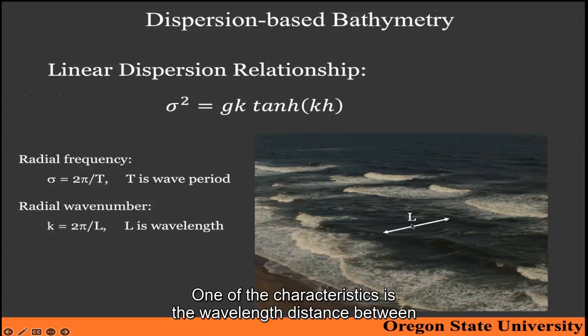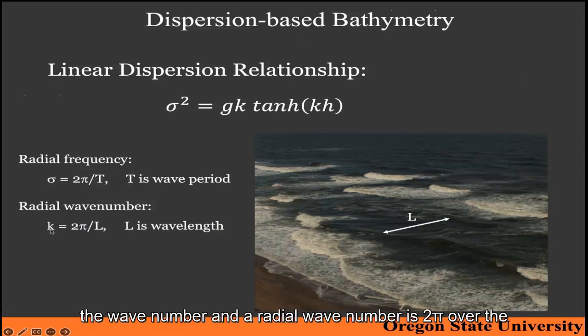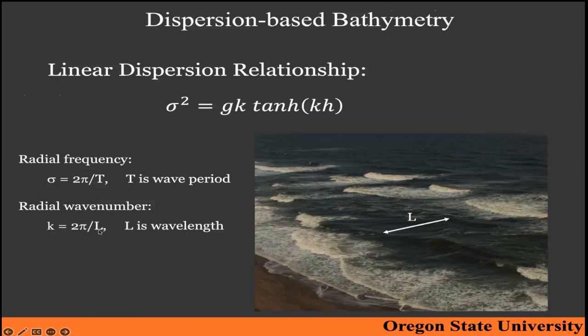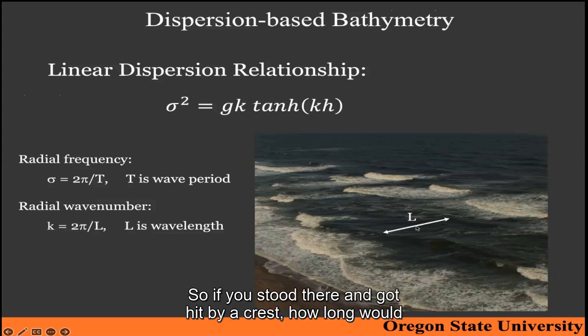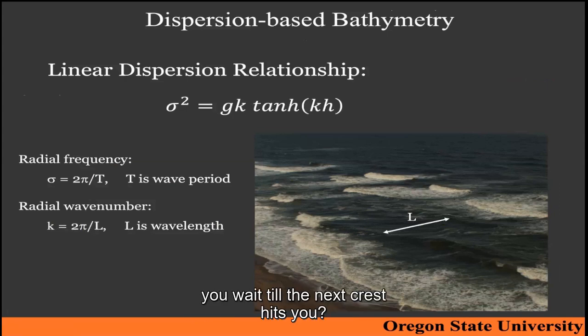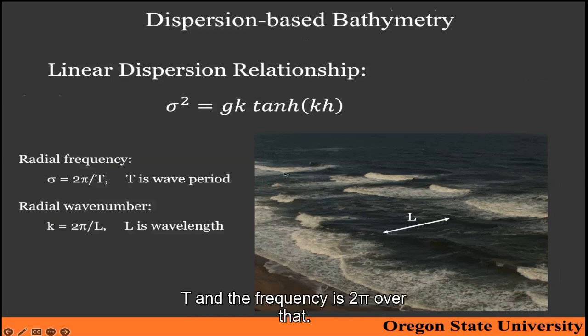One of the characteristics is the wavelength, the distance between crests, described as L, and the radial wave number is 2 pi over the wavelength. The other characteristic that we exploit is the frequency. If you stood there and got hit by a crest, how long would you wait till the next crest hits you? That would be the wave period, T, and the frequency is 2 pi over that.